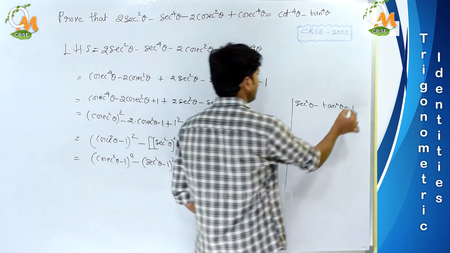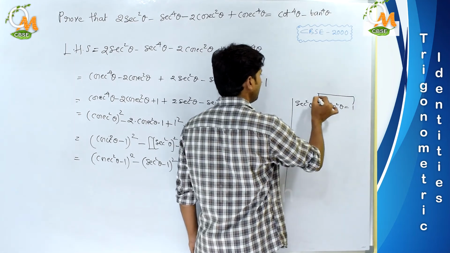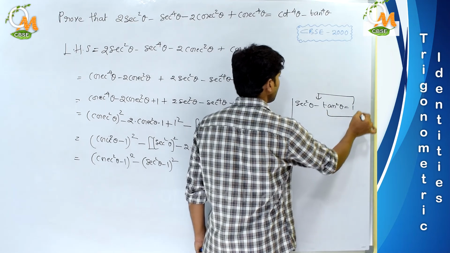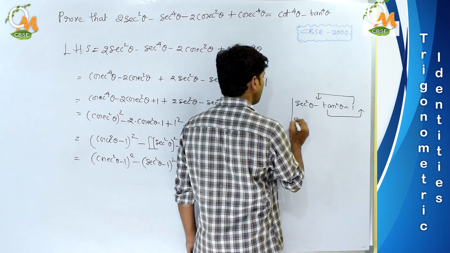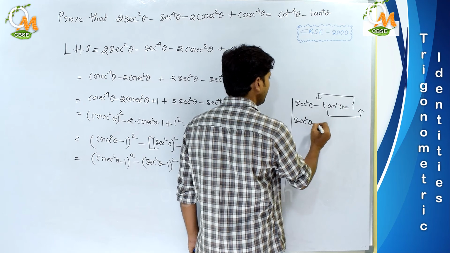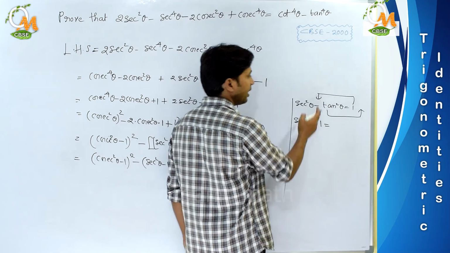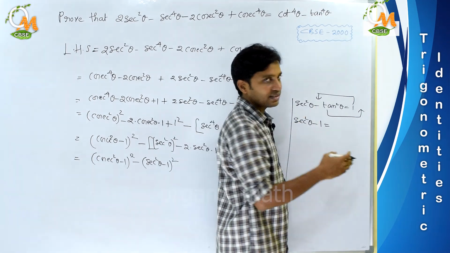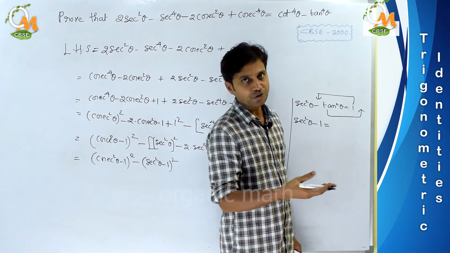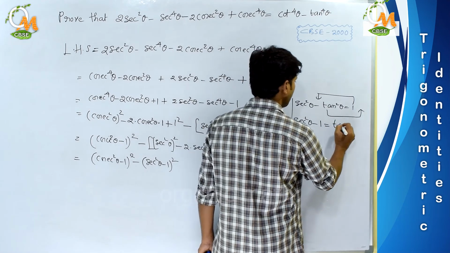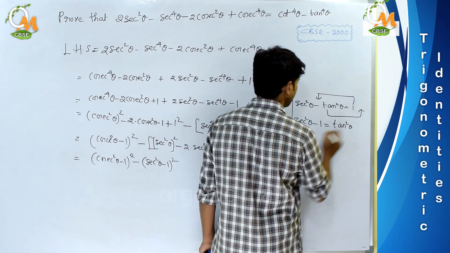Replace this 1 to this side and this minus tan square theta to the other side. Then secant square theta minus 1 becomes tan square theta, since the signs change.